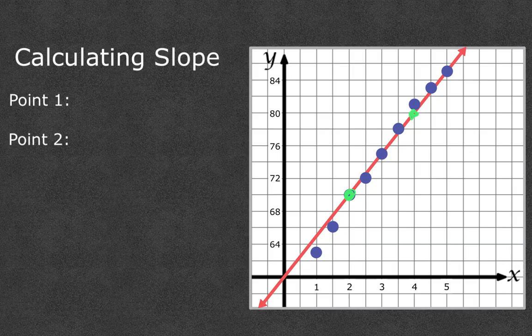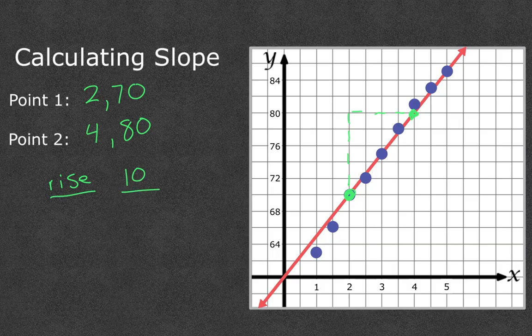My first point is going to be (2, 70). My second point is (4, 80). Here we can use our slope triangle, our rise over run. We're going up from 70 to 80, so our rise is going to be 10.